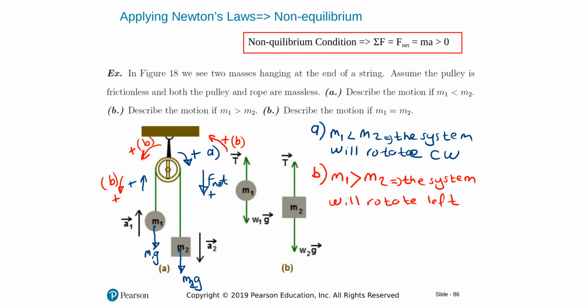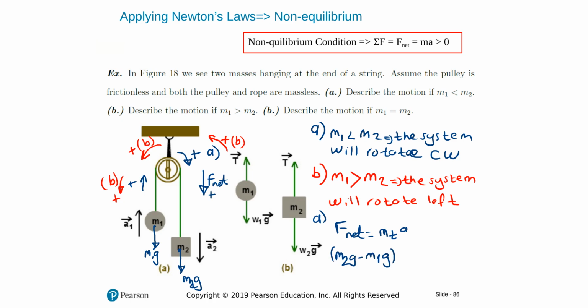In either case, to find the acceleration, we apply F net is equal to M total times A, because we have two masses. So we'll add all the forces, and in part A, for example, our forces will be M2G minus M1G.